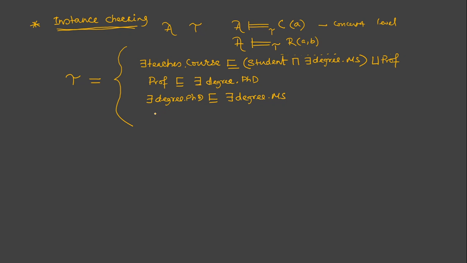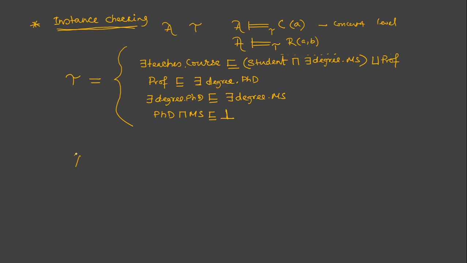And finally, we say that this PhD and MS, they are disjoint classes. So they are disjoint with each other. So we need to say that the intersection of PhD and MS is a subclass of the bottom class, right? So this is our T box.